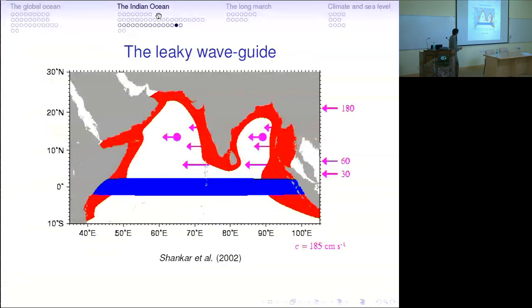So this is the summary in one picture. You can call it a leaky wave guide. This is the equatorial wave guide determined by the Kelvin wave, the blue one, trapped within about 3 degrees of the equator. So if you trigger a Kelvin wave anywhere out here, let's say in the west of the Indian Ocean, it will propagate along the equator towards the east. But once it hits the eastern boundary, by Moore's reflection rules, it will generate a westward propagating Rossby wave.